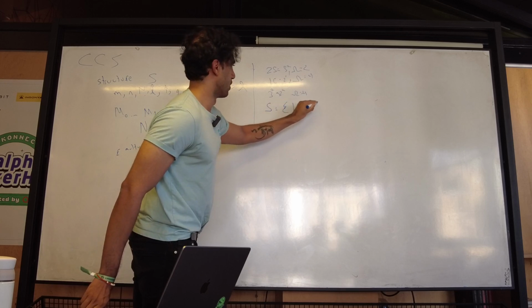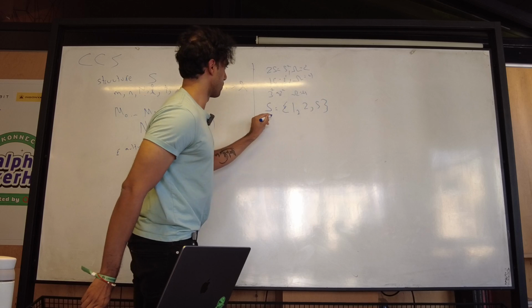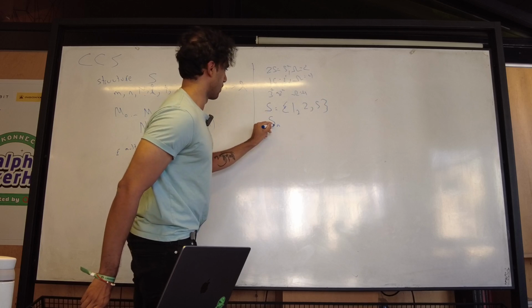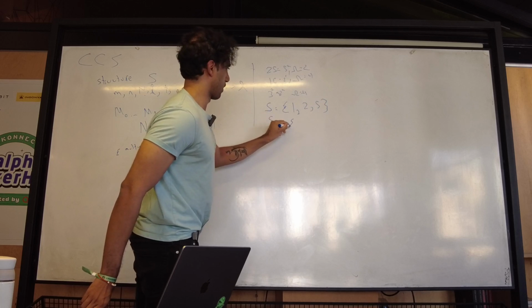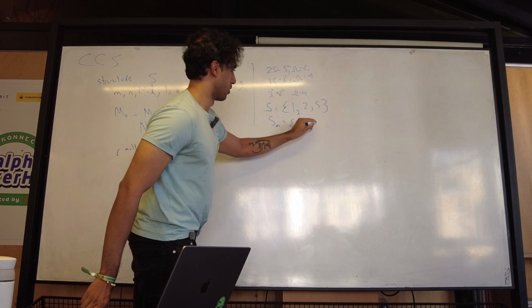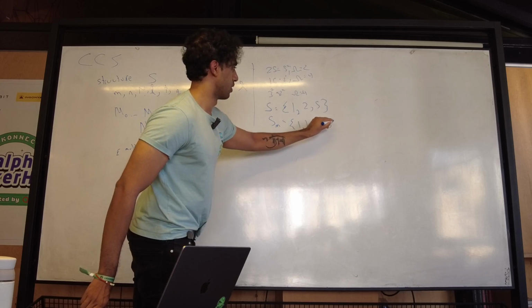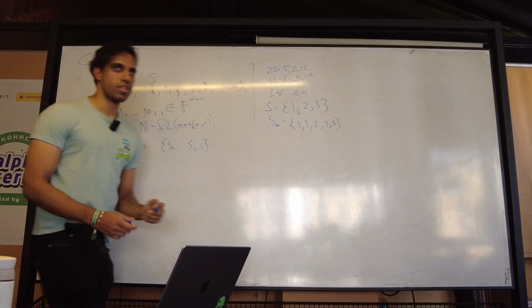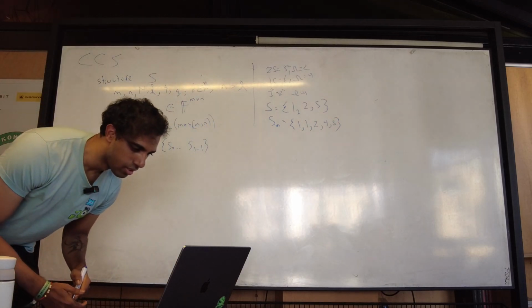It's 1, 2, 5, whatever. In a multiset, the elements can repeat. So it can be 1, 1, 2, 4, 5. So that's what a multiset is.